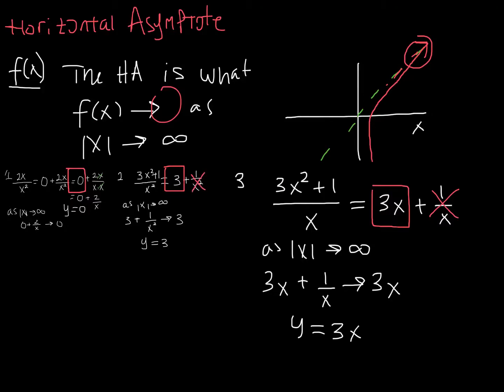So we want to note that every time we have the degree in the numerator less than the degree in the denominator, that is going to make that piece go to 0 as x gets bigger and bigger and bigger.